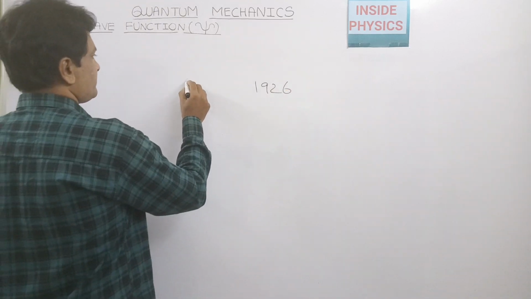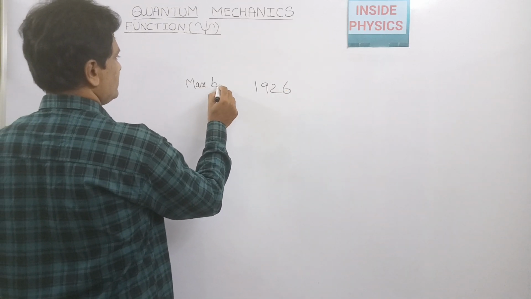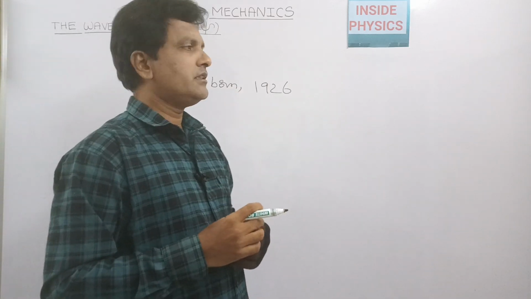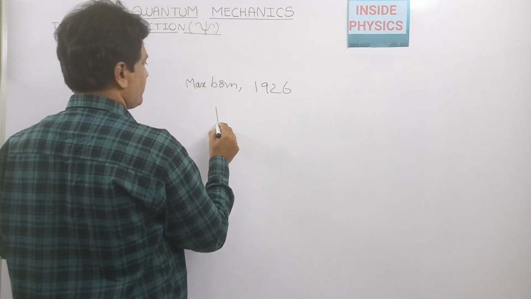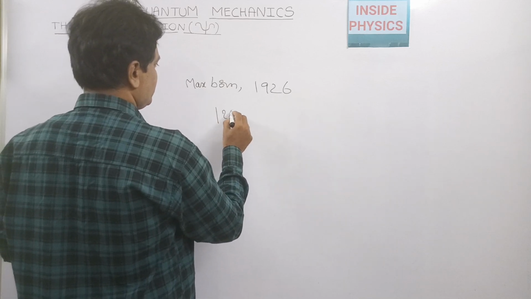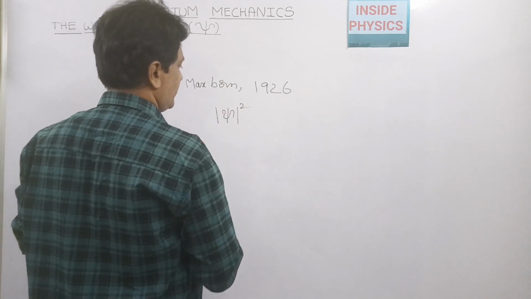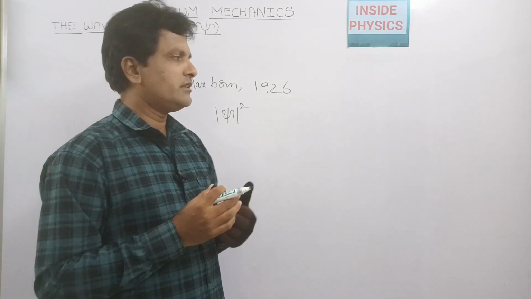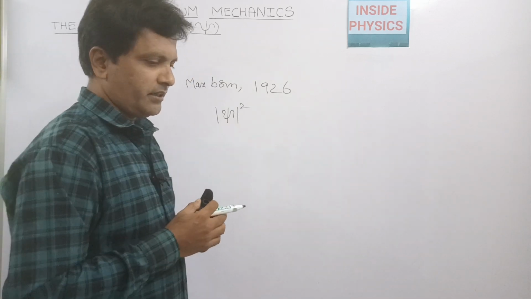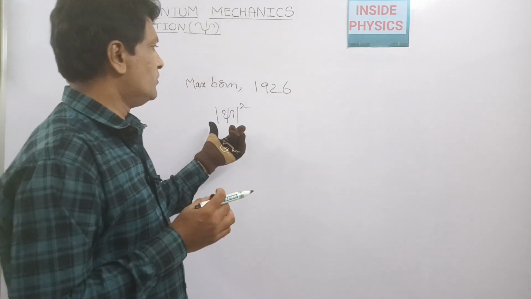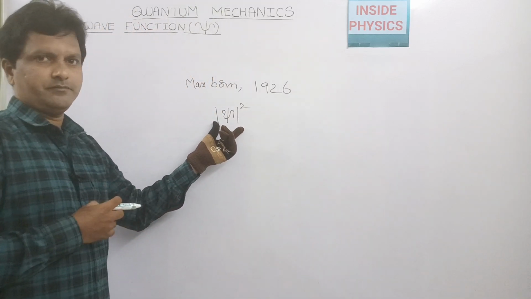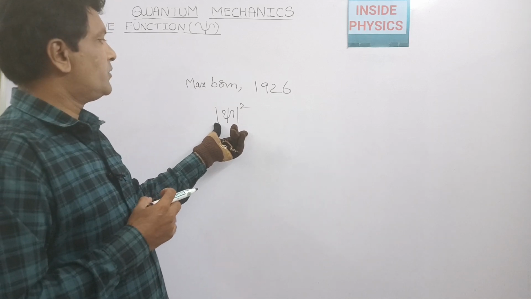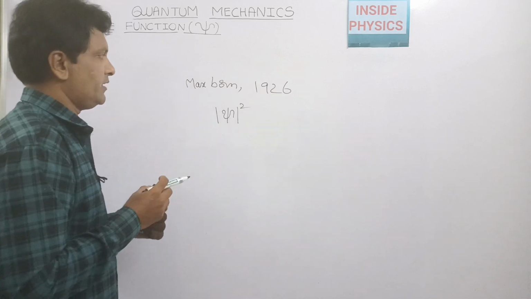According to Max Born, the probability is given by the magnitude of the psi function, represented by the square of the magnitude of psi. This value gives the probability of finding the particle at its position in a particular space.